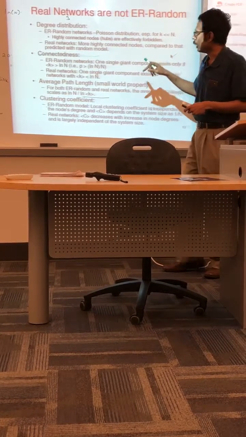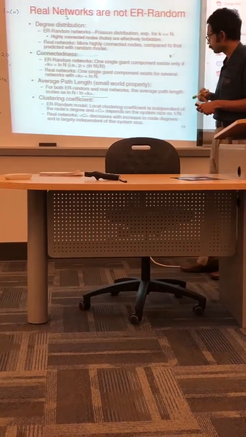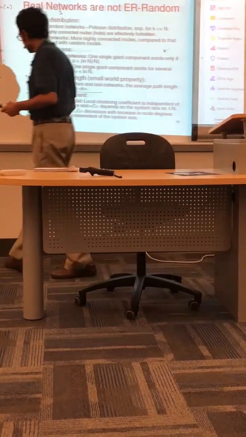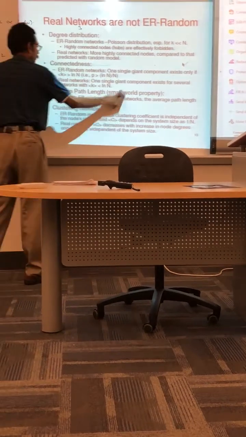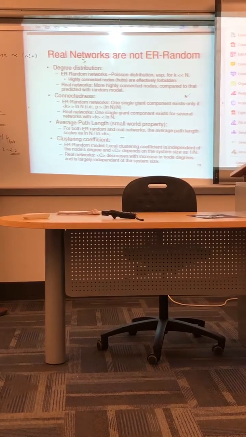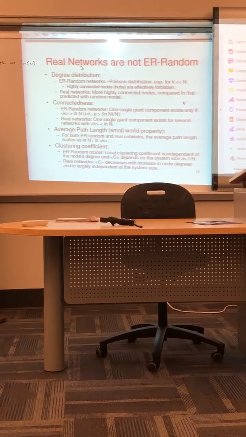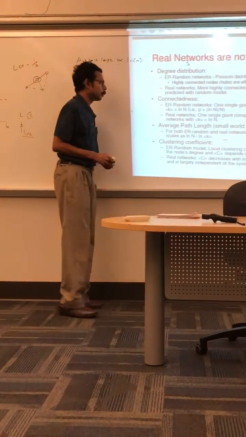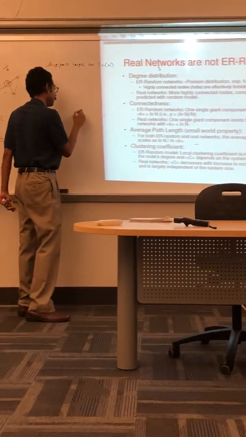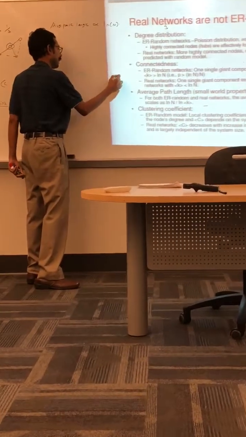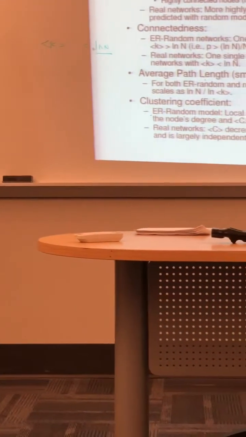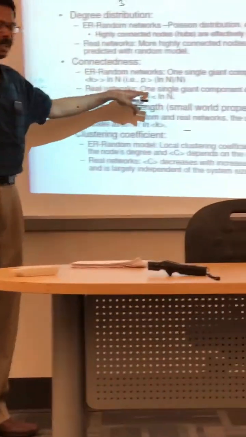Now, in terms of the connectedness, for real world networks, even if the average degree is less than log n, you still expect the whole network to be connected, in one single giant component.